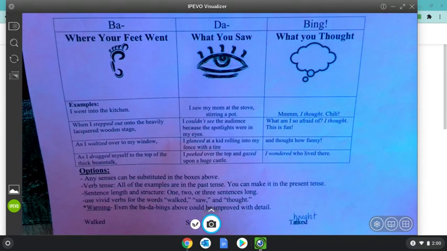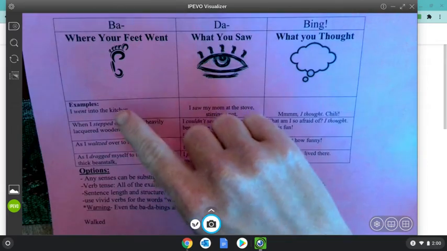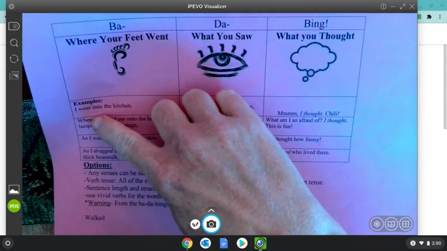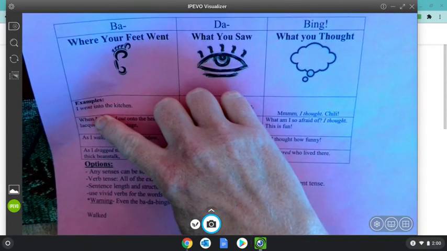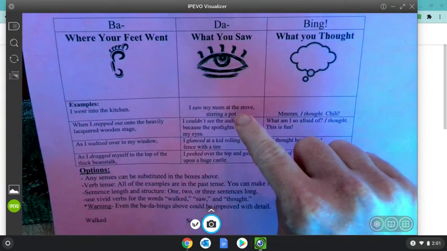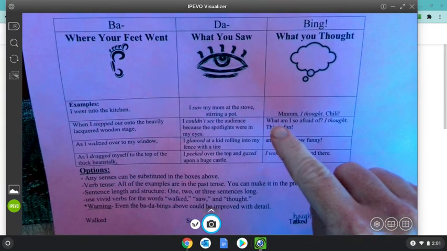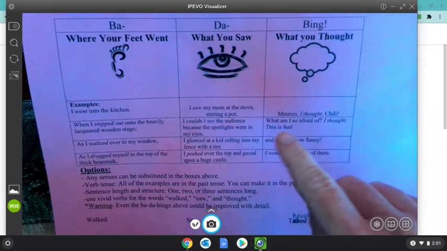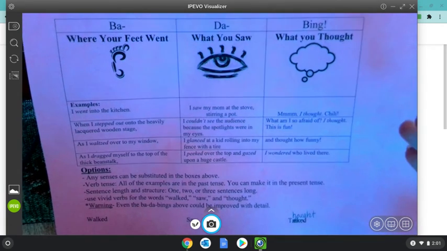Next example. I already see with the word when that it's going to be a higher level sentence. That's a complex sentence. When I stepped out onto the heavily lacquered wooden stage, I couldn't see the audience because the spotlights were in my eyes. What am I so afraid of? I thought.